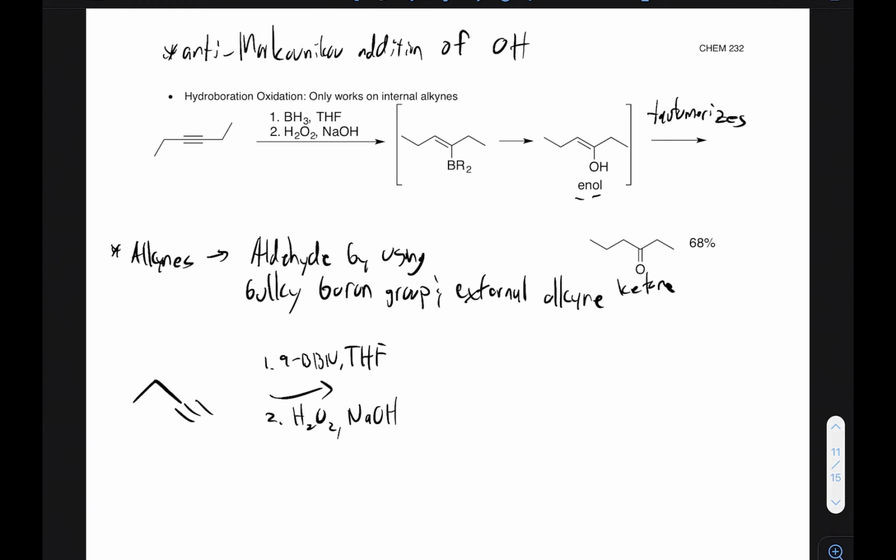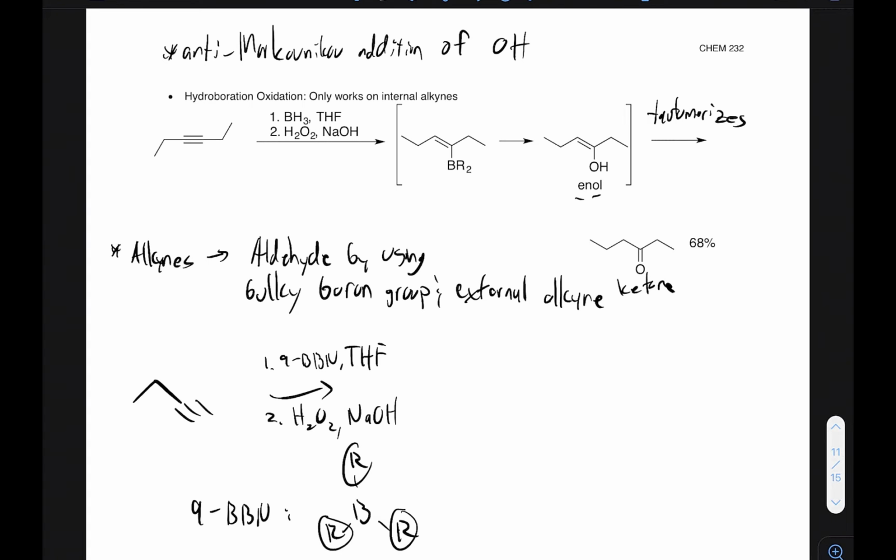Now, 9-BBN, you don't need to know what this is. I'm not going to draw it out because it's kind of complex, but it's boron just like BH3, but bulky. There are big carbon groups here that are pretty massive.